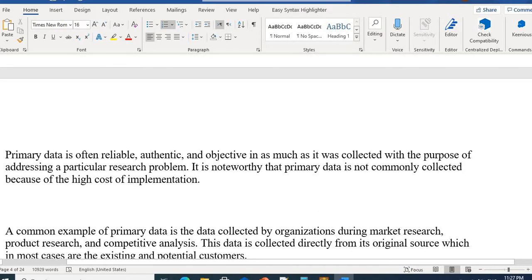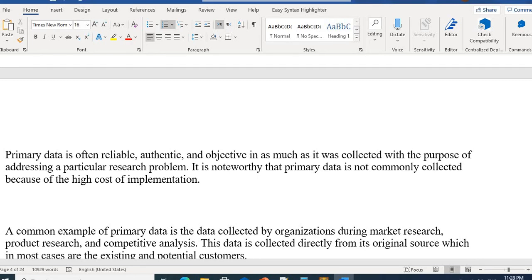Primary data is often reliable, authenticated, and objective inasmuch as it was collected with the purpose of addressing a particular research problem. It is noteworthy that primary data is not commonly collected because of the high cost of implementation. A common example of primary data is the data collected by organizations during market research, product research, and competitive analysis.